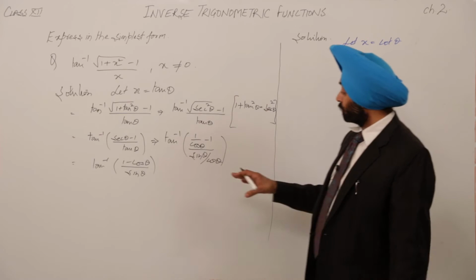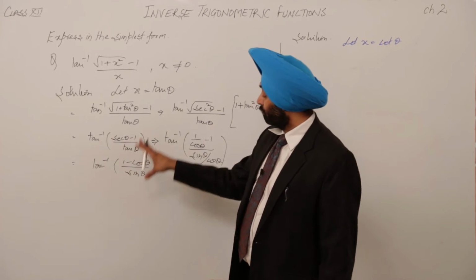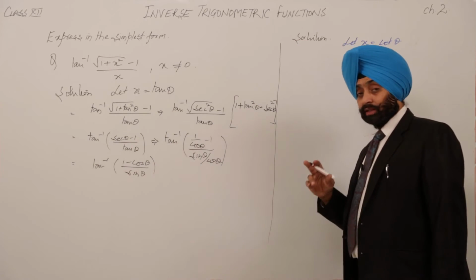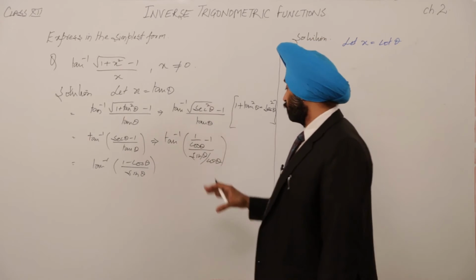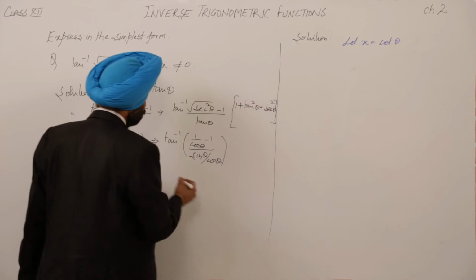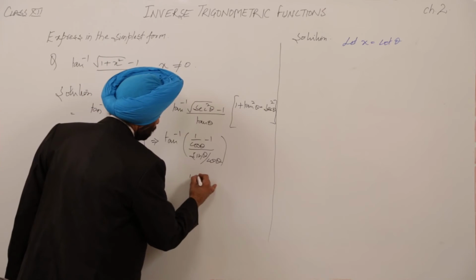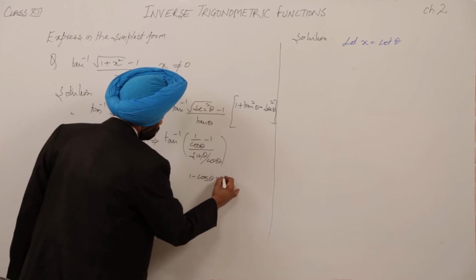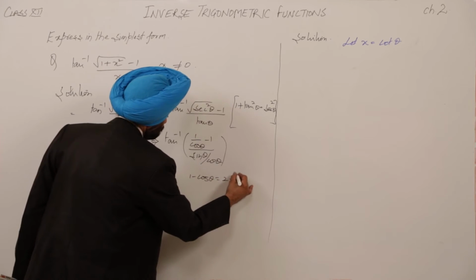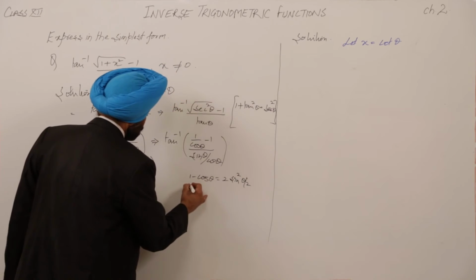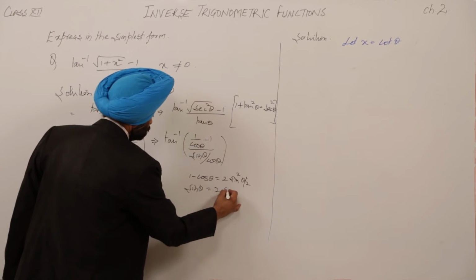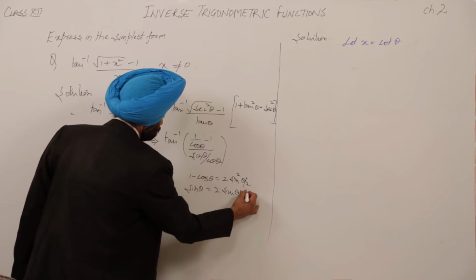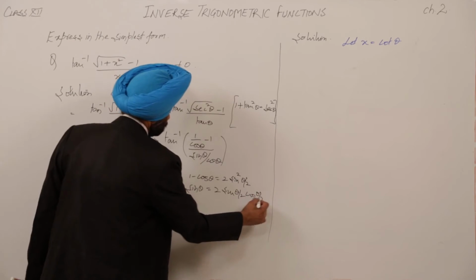Now here we are going to use a formula for 1 minus cos theta and again for sin theta. You remember, right in the beginning I gave you the result for these formulas. Now 1 minus cos theta is equal to 2 sin square theta by 2, and sin theta is equal to 2 sin theta by 2 cos theta by 2.